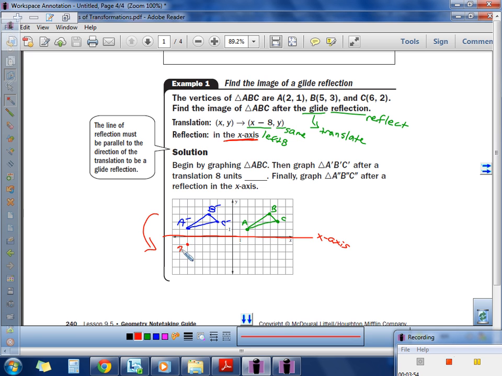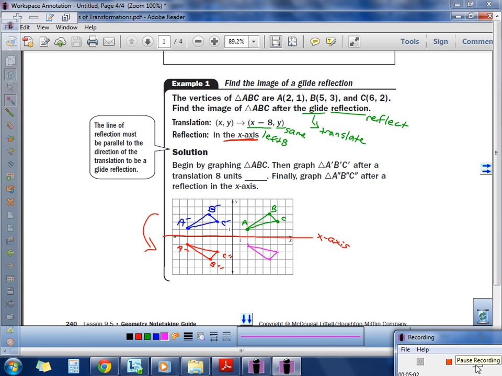There's my A double prime. The B prime is 1, 2, 3 units up from that line. I need to go 3 units down from that line. 1, 2, 3. There's my B double prime. Perform the same thing. That's 2 units away, and there's my C double prime. And there is our glide reflection. Down.